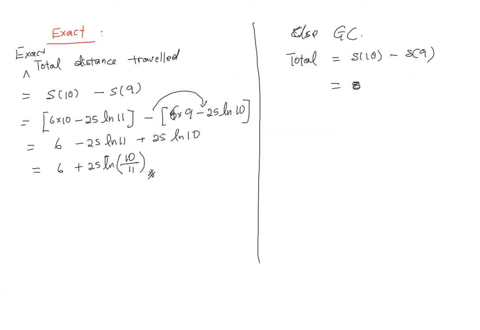Yeah, you can call out your Y1 in your GC, correct, you can call out your Y1 of 10, take away Y1 of 9. Then whatever answer comes out, you just put into here. You get full 3 marks.